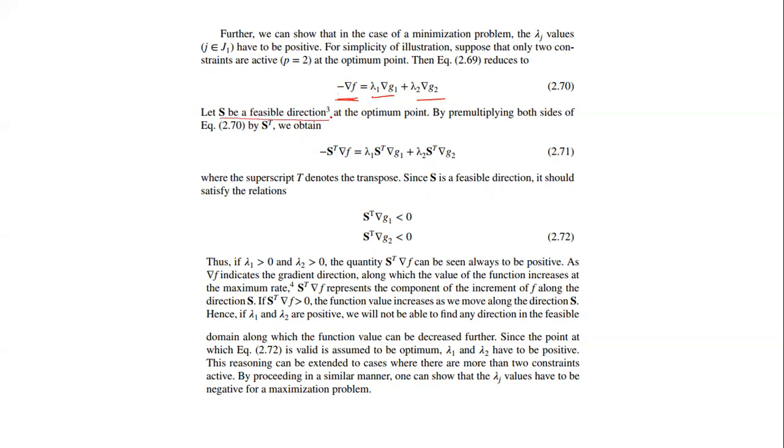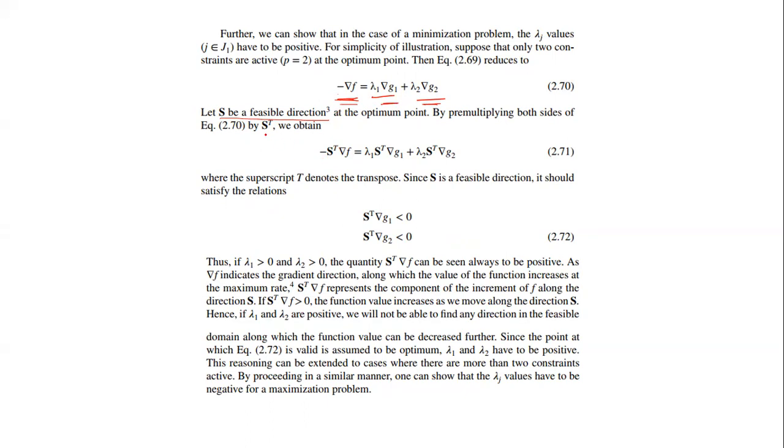The feasible direction we already studied from the other book. So we are assuming that the direction in which we are moving is going to give us a minimum value. So here you have a negative gradient, and here also you should have a negative gradient. So we assume S to be a feasible direction at the optimum point.